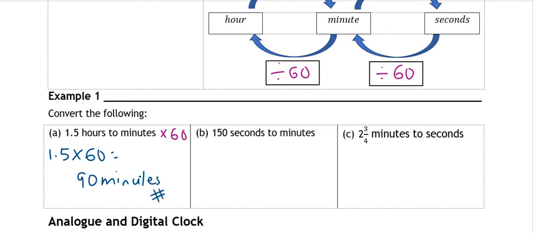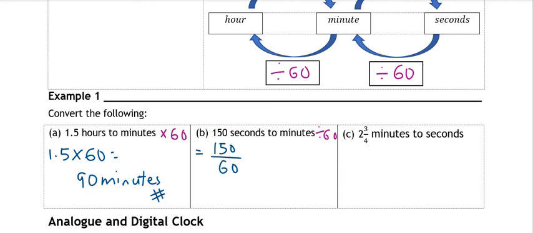You can use a calculator. Let's move on to part B, converting seconds to minutes. You know that from seconds to minutes you have to divide by 60. I strongly suggest that you do it in the form of a fraction.